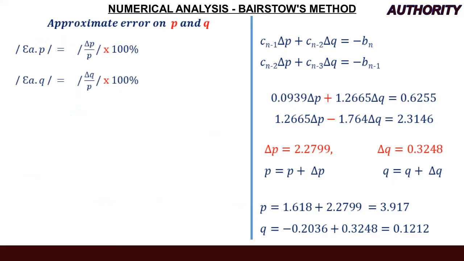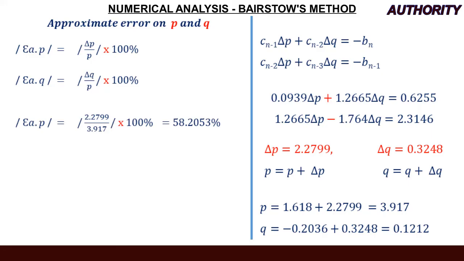Now we perform the approximate error. So performing the approximate error on P and approximate error on Q: absolute value of delta P all over P multiplied by 100. That is for approximate error on P. So here we have 2.2799 all over 3.917 multiplied by 100, which is going to give us 58.2053%.